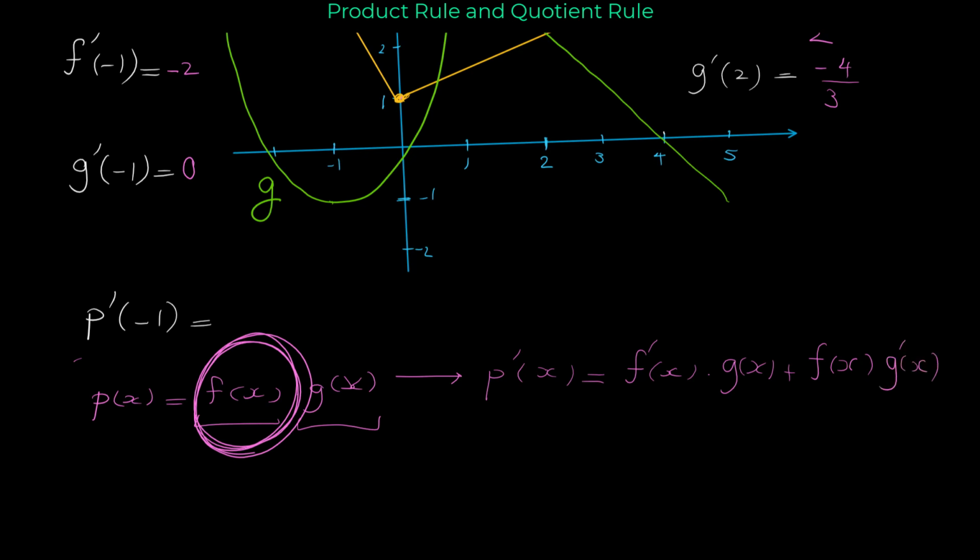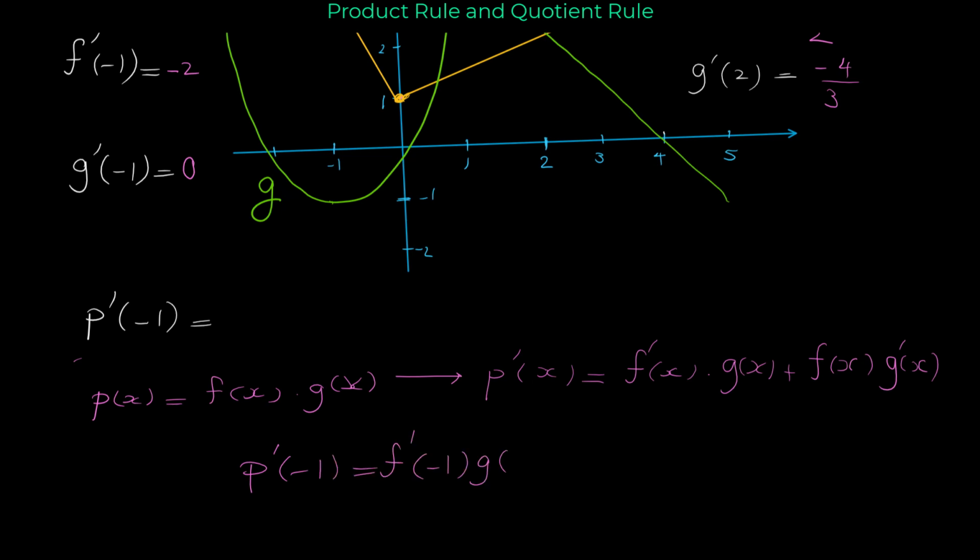So p prime equals f prime times g plus f times g prime. But we want the p prime at -1. So p prime at -1 equals f prime of -1 times g of -1 plus f of -1 times g prime of -1.